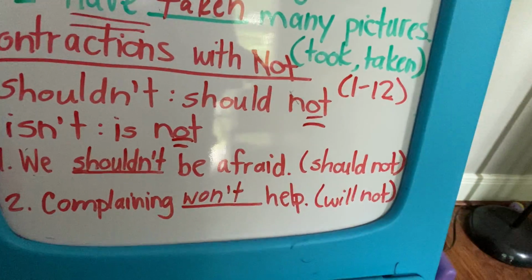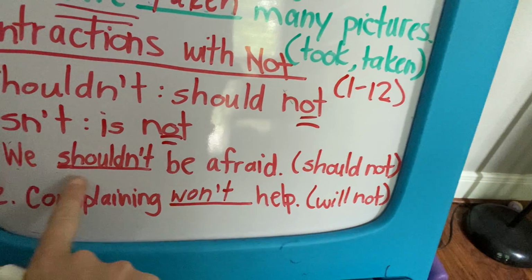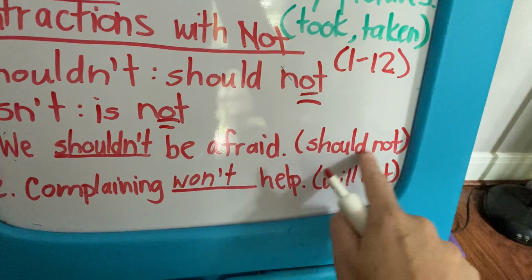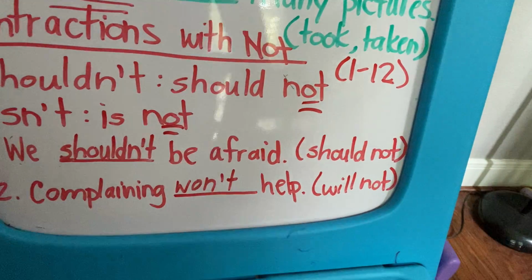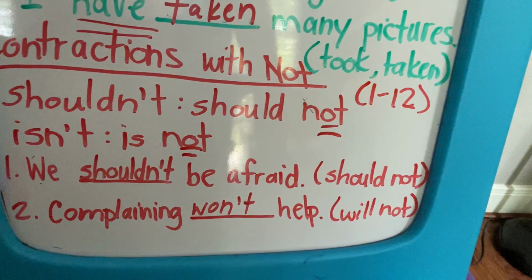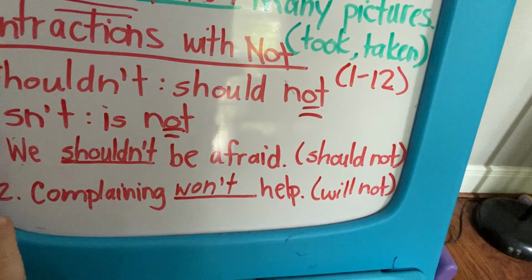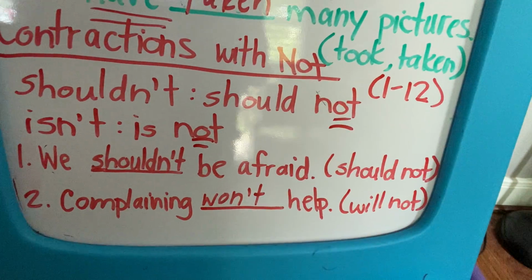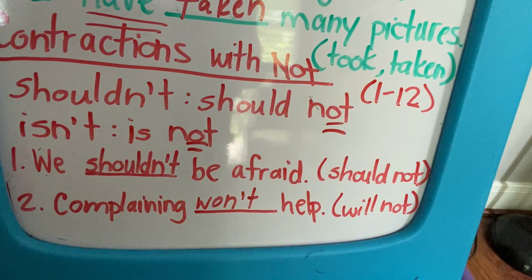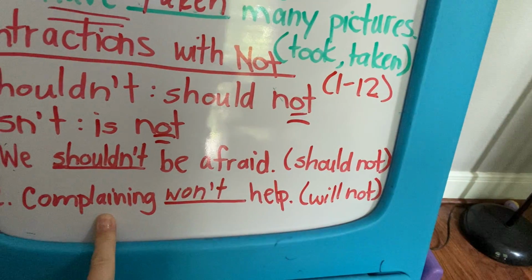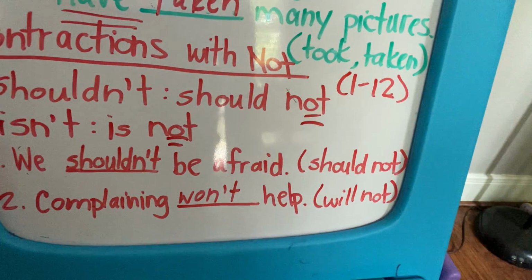So for the first example, we have, we shouldn't be afraid, okay? And you have should not. I had already written it for you guys so you would know what it was. And then this one is a little bit tricky because it doesn't follow the same rules as the other contractions. So this is complaining blank help.